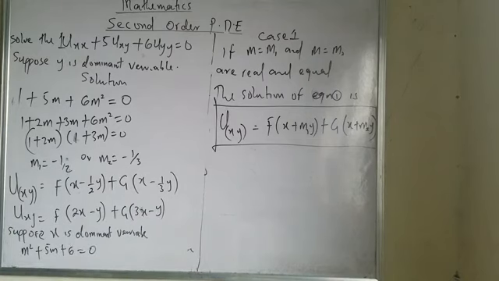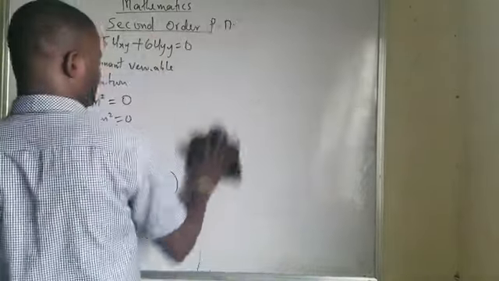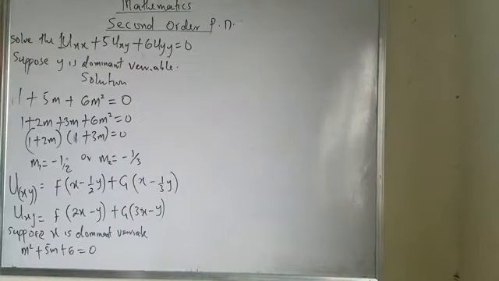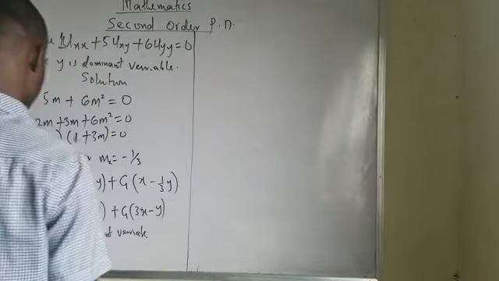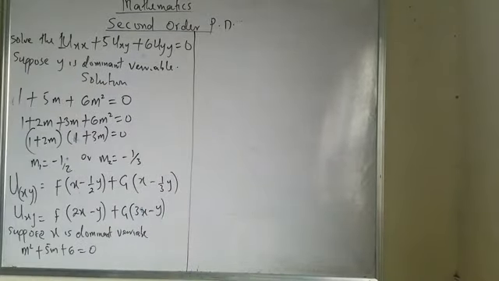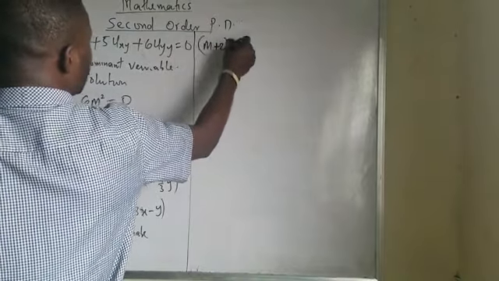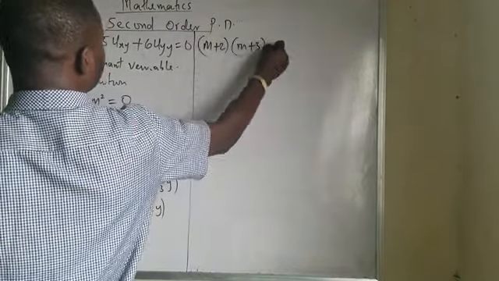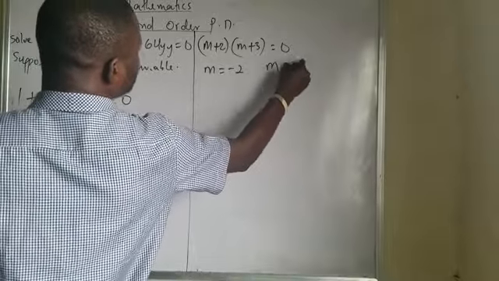Now, by solving the quadratic equation, we have m plus 2, m plus 3 equals 0. By now, you should understand all this. m equals minus 2 or minus 3.